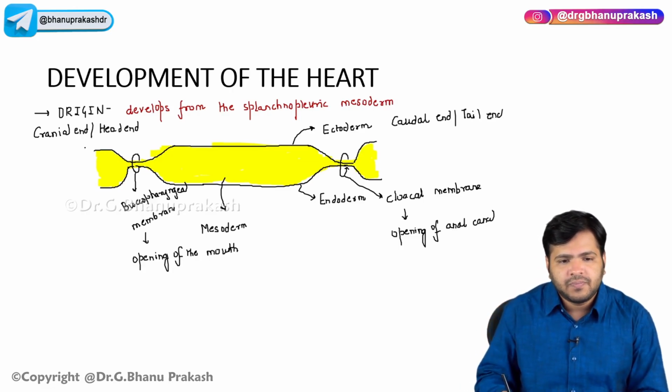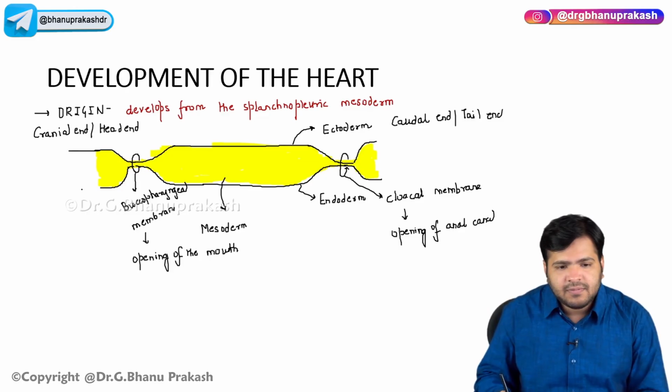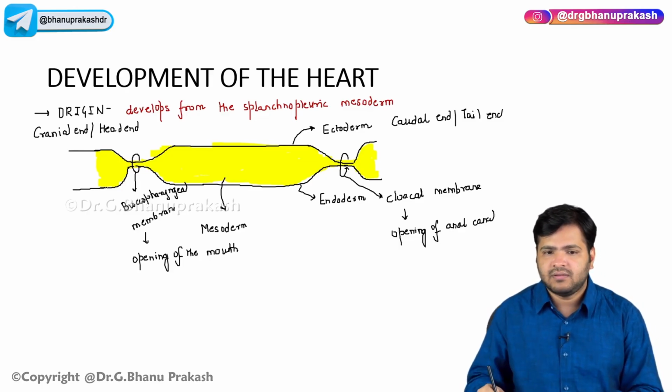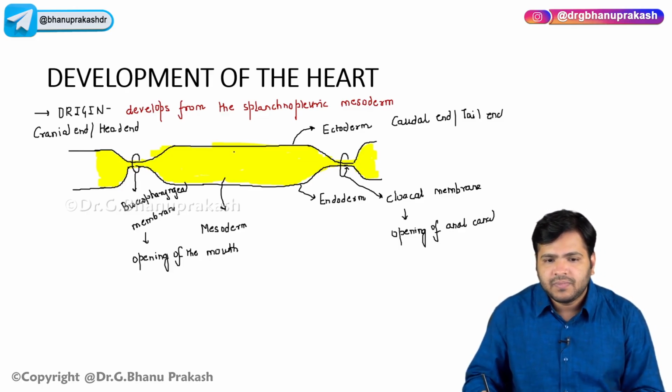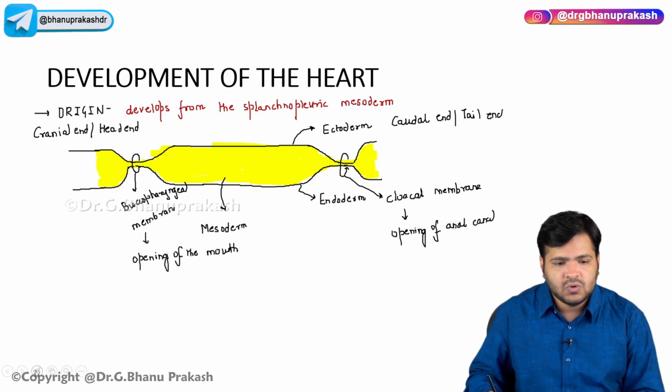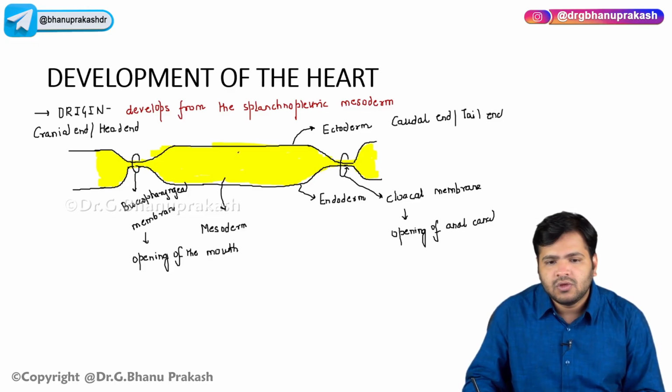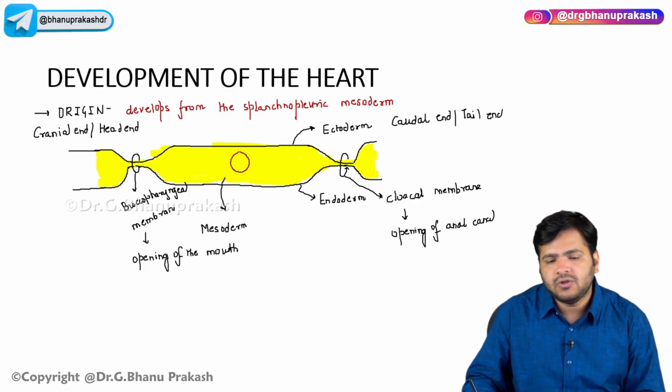Now you already know we have three types of mesoderm. In between, we have the neural tube, so let me just draw it for you. I am writing it as NT. We have the neural crest cells, and below the neural tube we have the notochord.